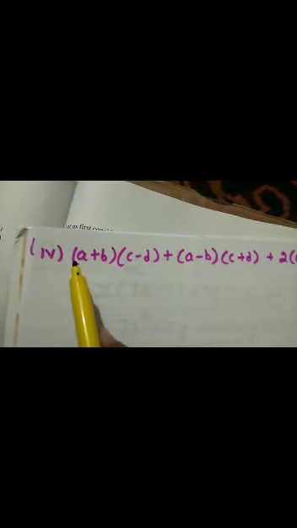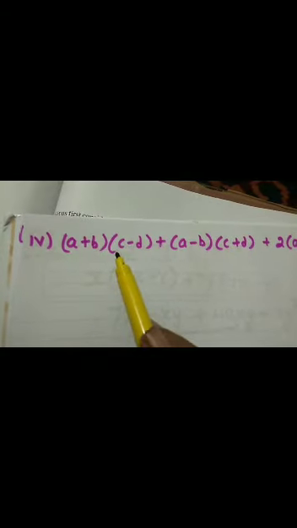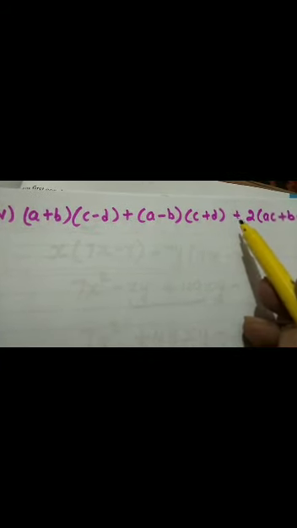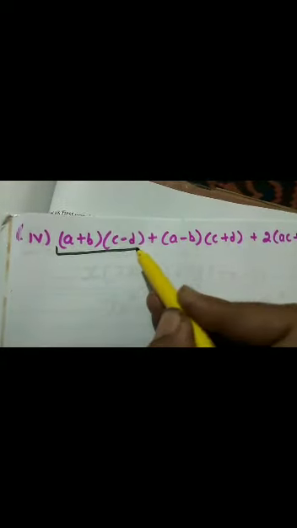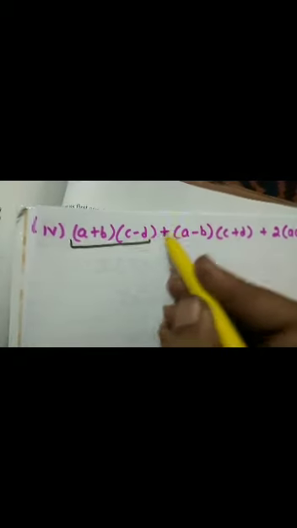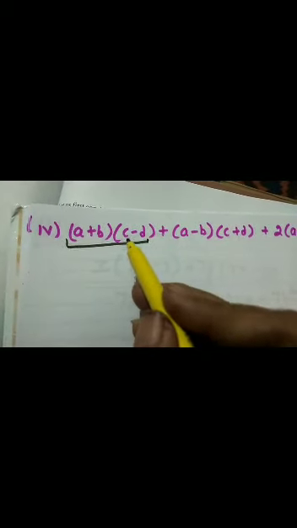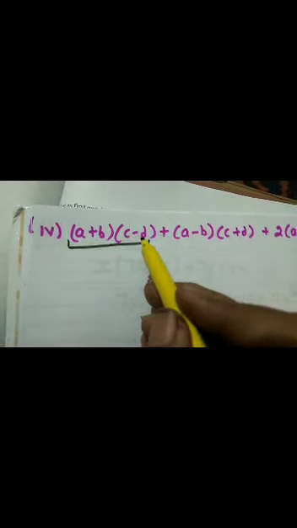Now I am taking the fourth part of question number 3. This is a plus b, you have to multiply with c minus d, plus a minus b, you have to multiply it with c plus d, plus 2 into ac plus bd. Now first of all we have to solve this one. First part, a plus b, you have to multiply with c minus d. So a we have to multiply with c minus d.